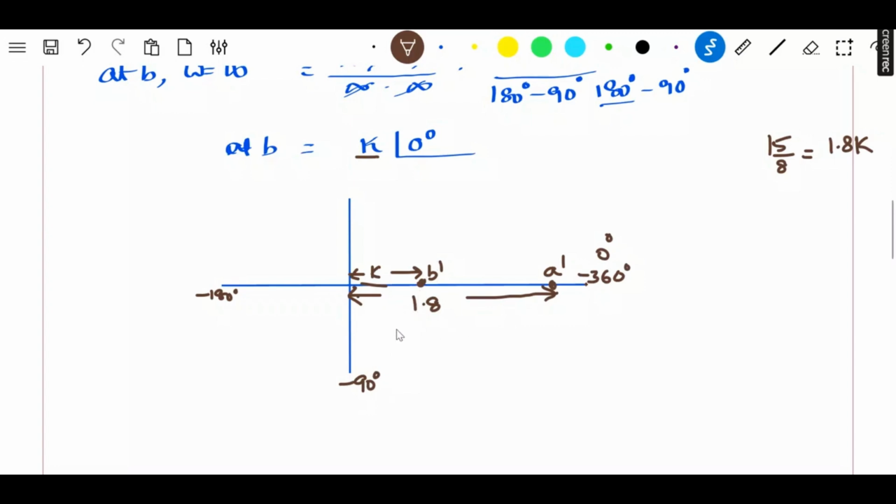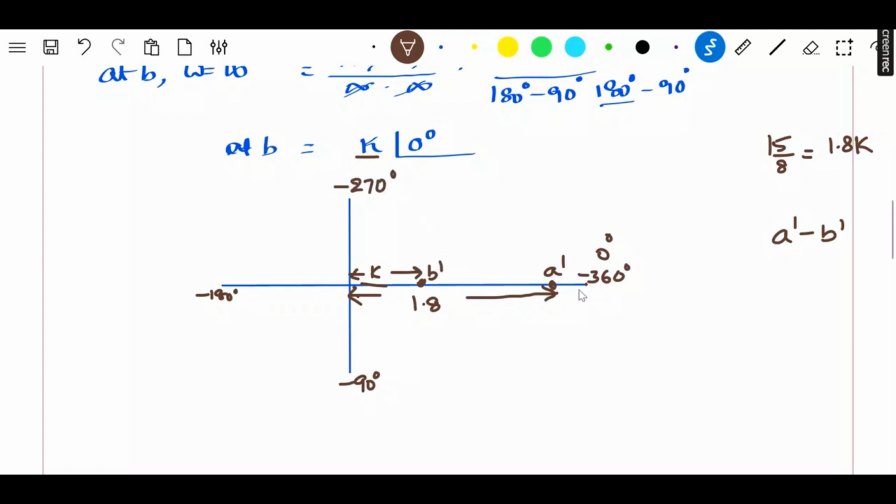But I need to traverse from minus 360 degree and go to 0 degree, because I am going from A dash to B dash. So if I want to go from minus 360 to 0, in what direction should I go? That is very important. This is minus 360, this is minus 90, minus 180, this is minus 270.